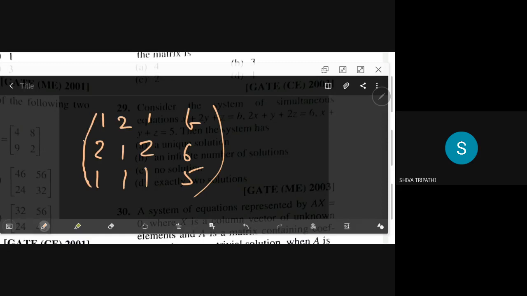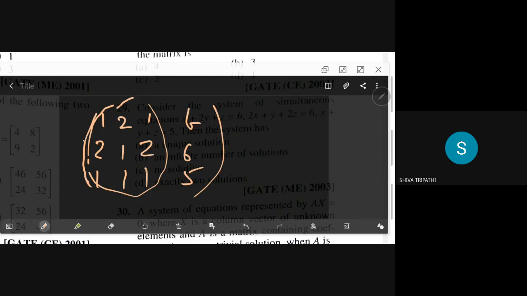Look at the coefficient matrix rank. What is the coefficient matrix rank? It is 3, I think. Coefficient matrix rank, is it 3?